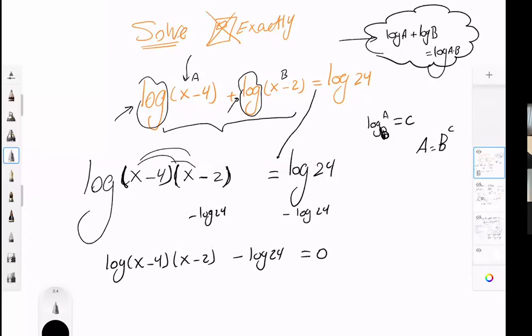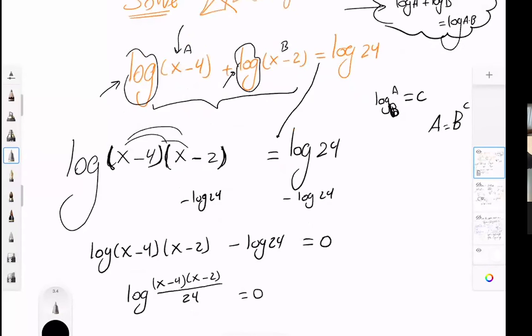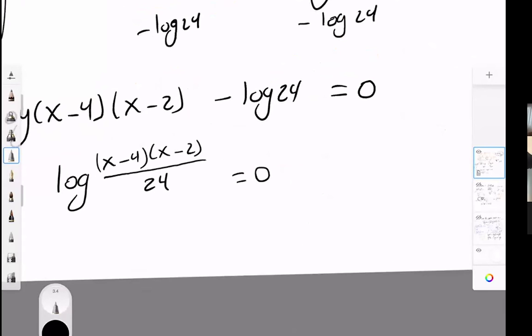Now we have two logs with a minus between them, so we apply the division property. We write one log: x minus 4 times x minus 2, divided by 24, equal to 0. So now we made it a single log. Correct, Benas?